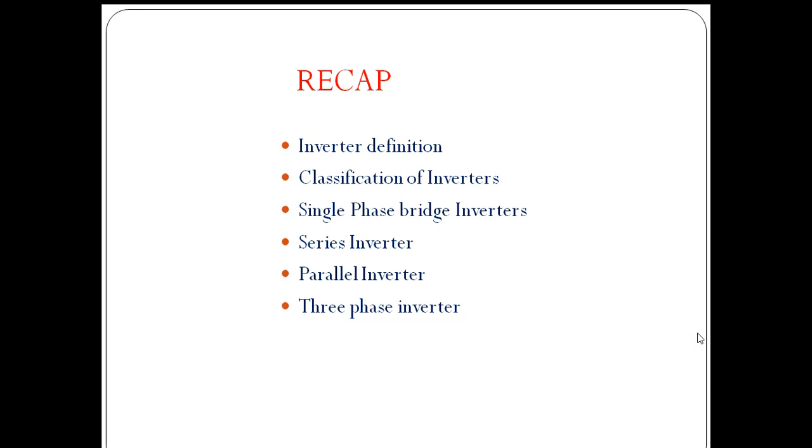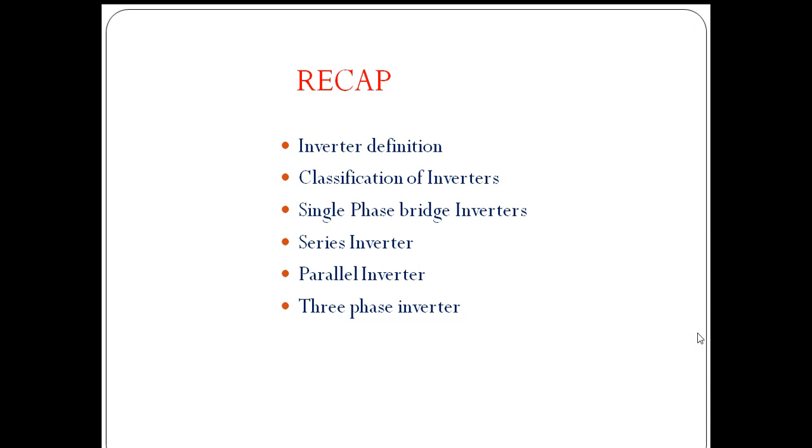After that, we went through the series inverter. The series inverter and parallel inverter are very important. Frequently, they ask essay questions on these two topics. In the series inverter, the components L and C, which are commutating components, are connected in series with the load.